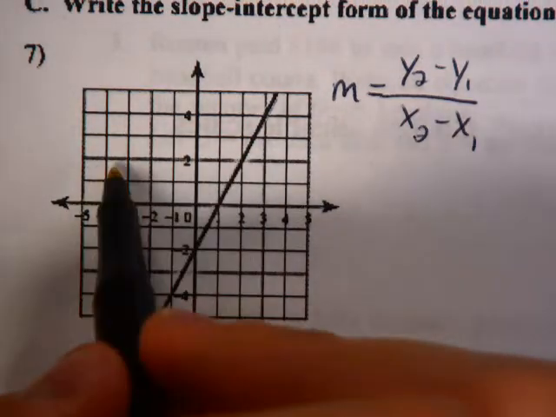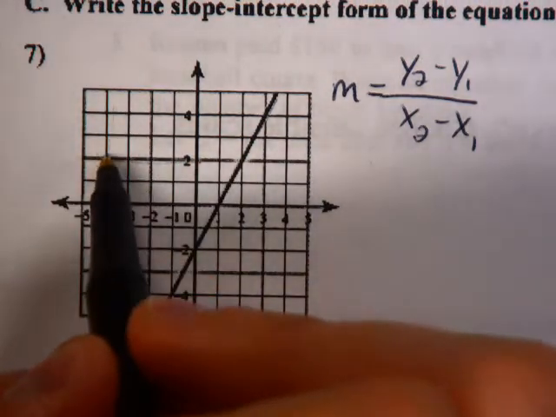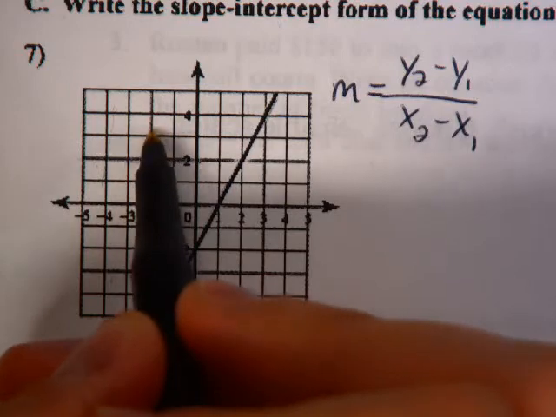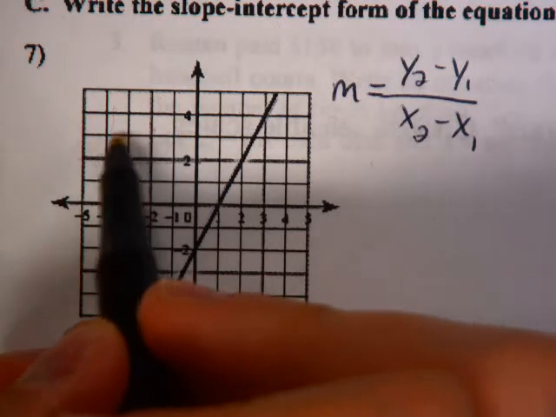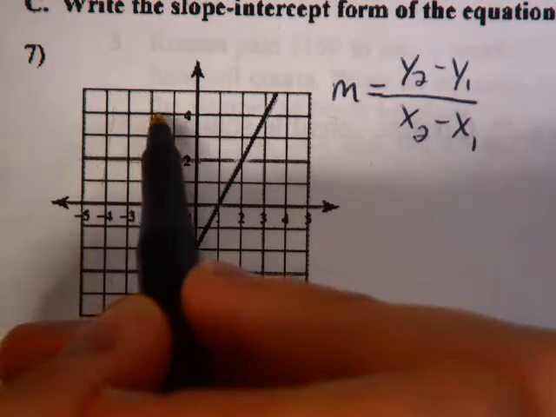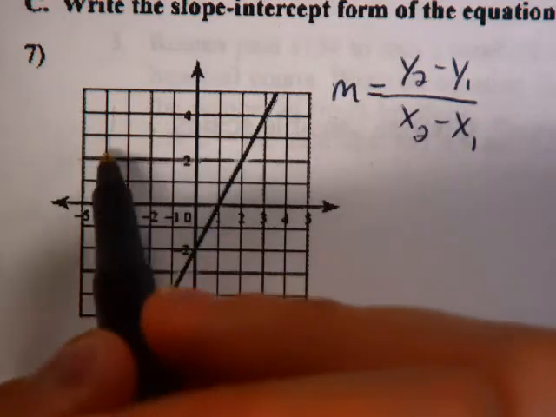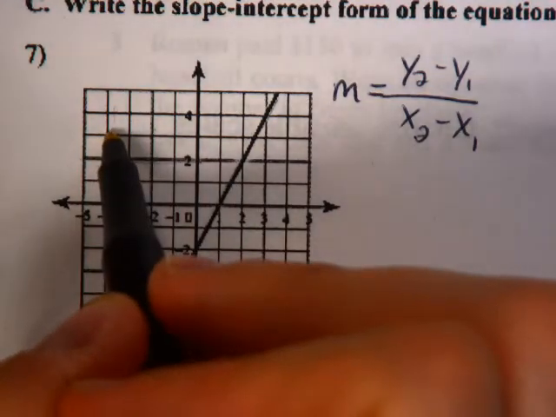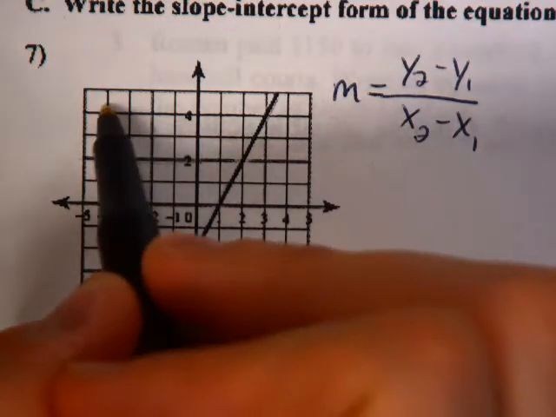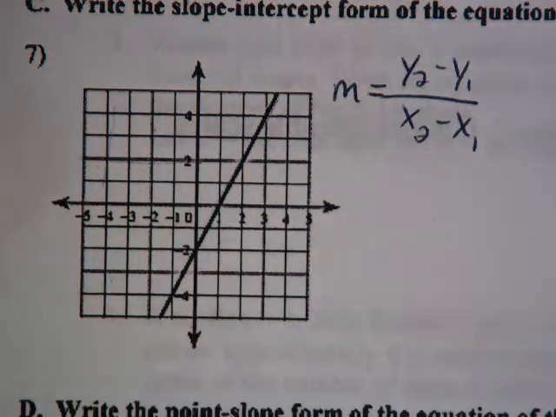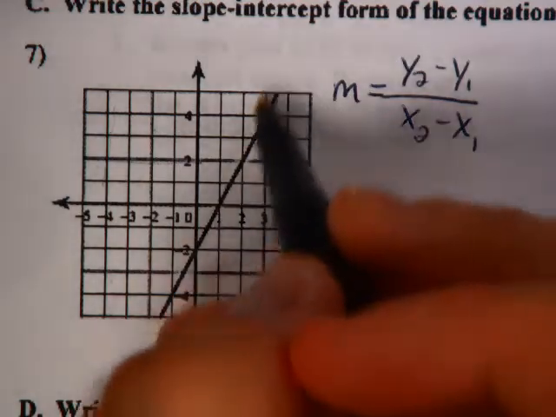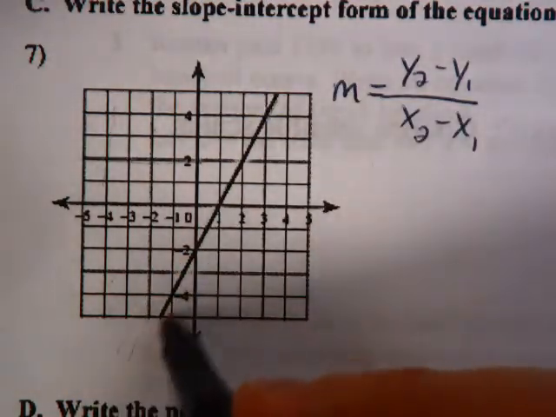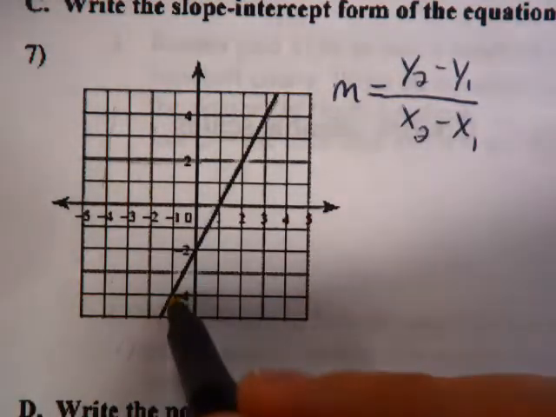For instance, see these places where our lines intersect, these little points? I'm going to call that the grid. Somebody might call it something else, and I'm just making up this name so that you can understand what I'm referring to. This line right here intersects the grid at some nice points.